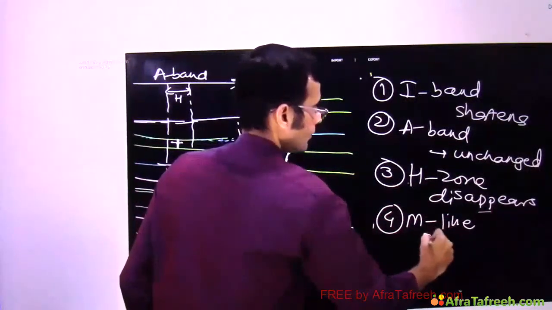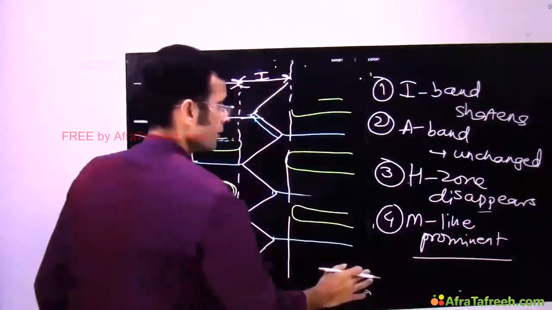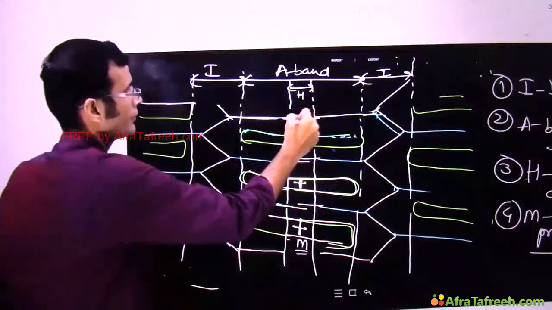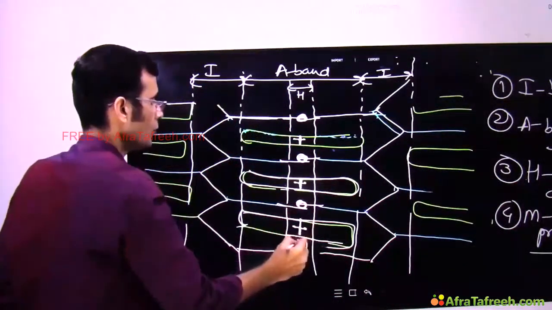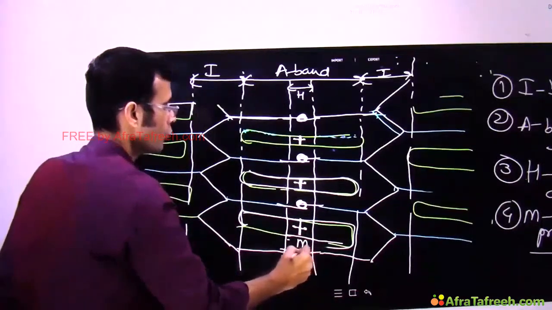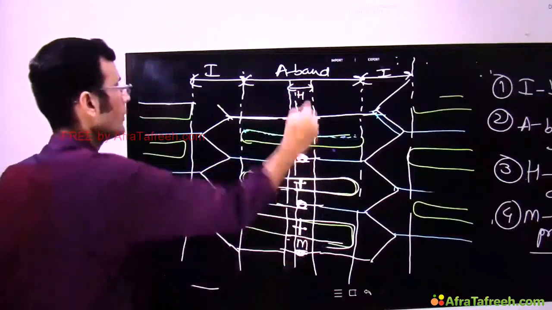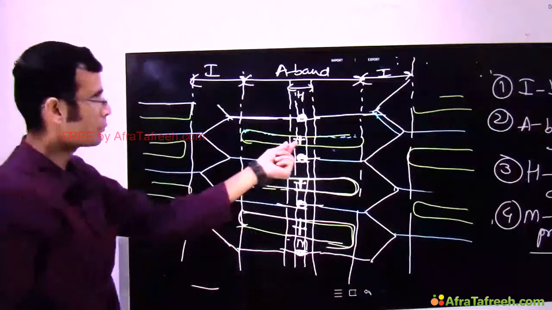The M line will now become dark and prominent. As you can see, the overlapping thin filaments have been added in this zone now. So that dark M line at the center will become dark and wide, and therefore we say the M line becomes prominent.